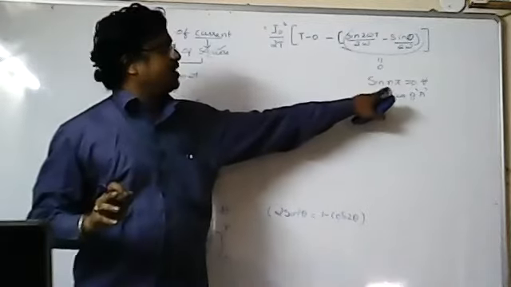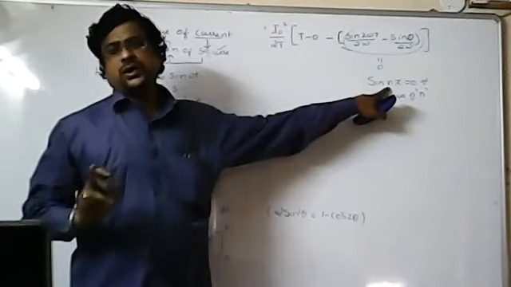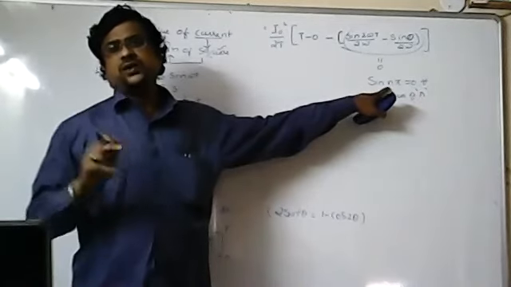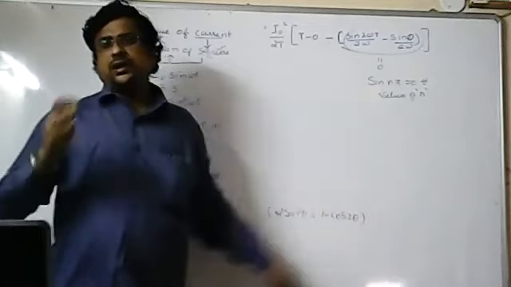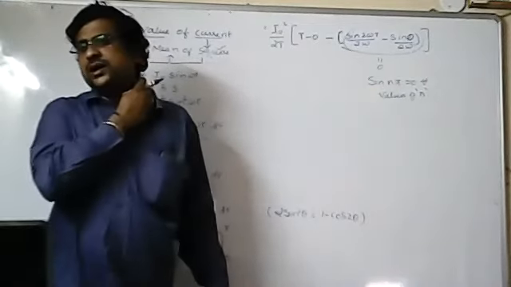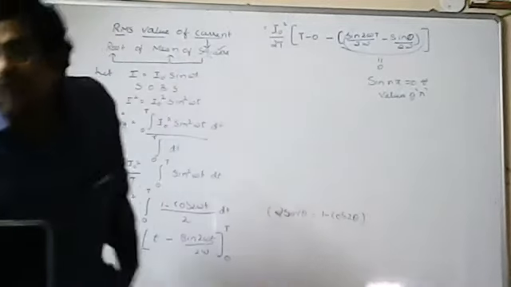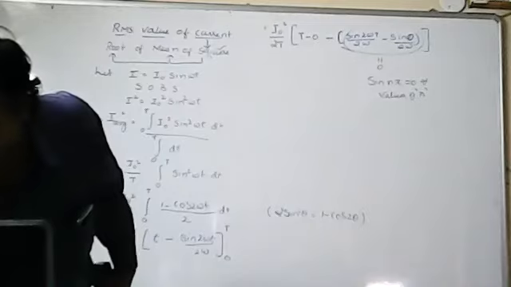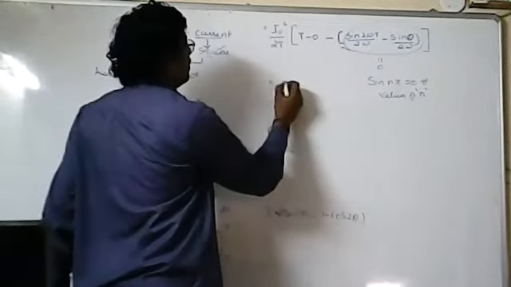If I substitute 0, sine 0 is 0. If I substitute 1, sine pi, sine 180, is 0. Sine 360 is 0. Like that, for any value of n, the sine function will become 0. So hence it will become 0.